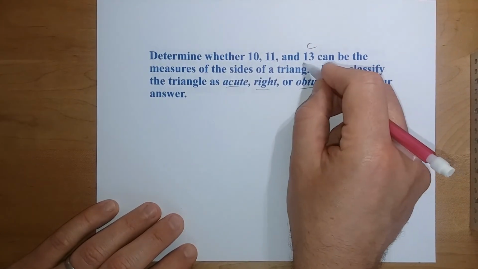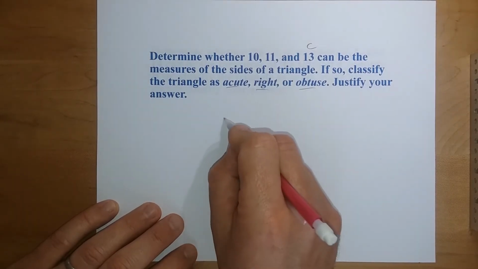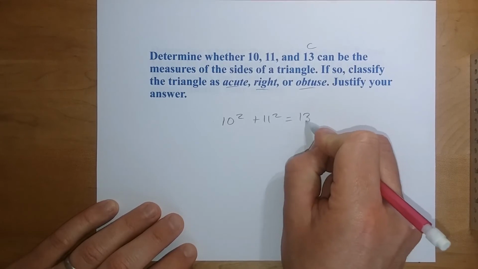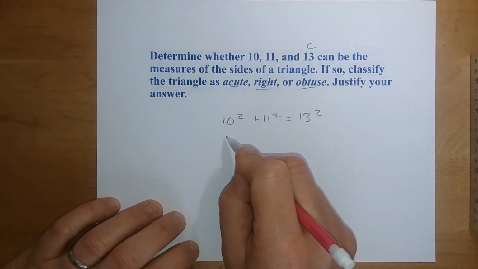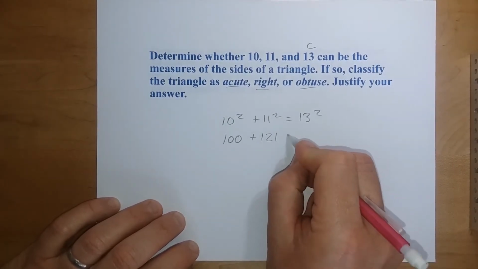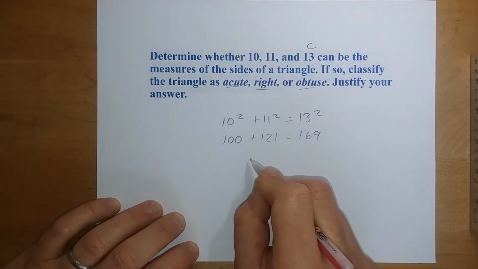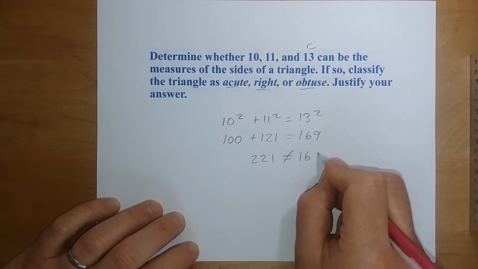He's the longest side. If there's a hypotenuse, it's going to have to be the longest side. So we can plug in 10 squared plus 11 squared equals 13 squared and see if we get a true equation. 10 squared is 100, 11 squared is 121, and 13 squared is 169. And you can see right away that we get 221 does not equal 169.